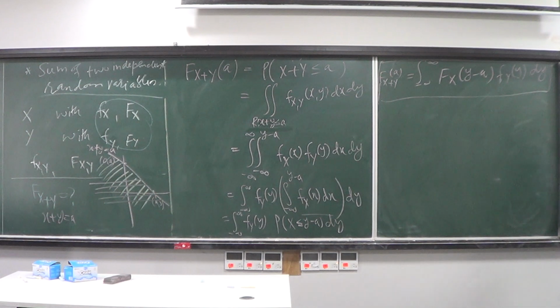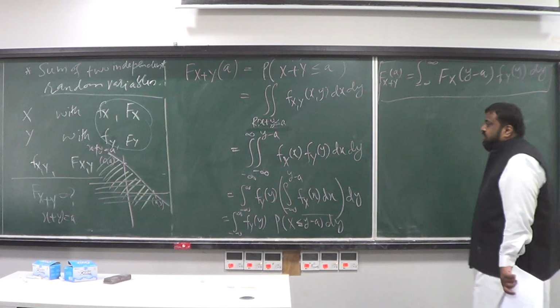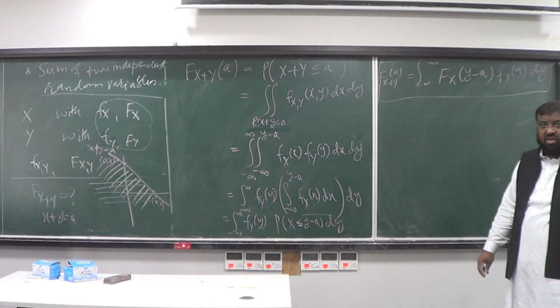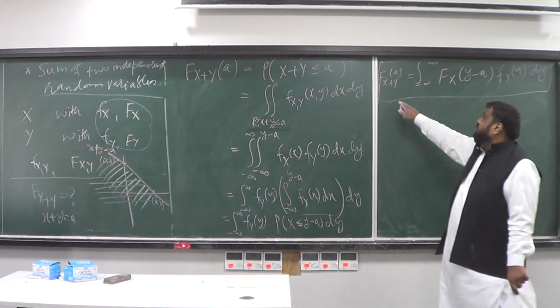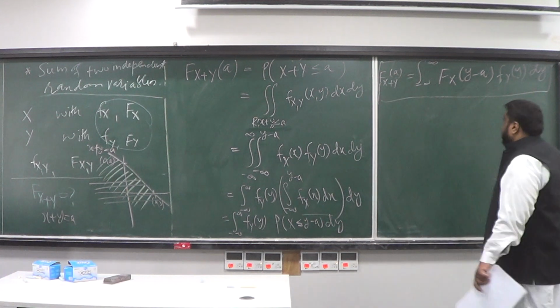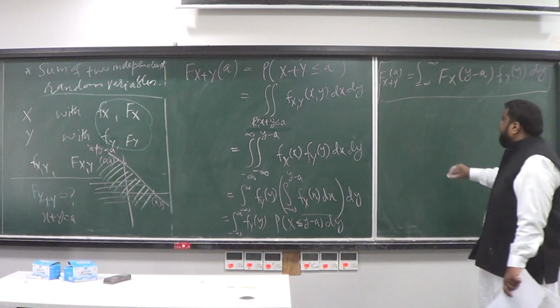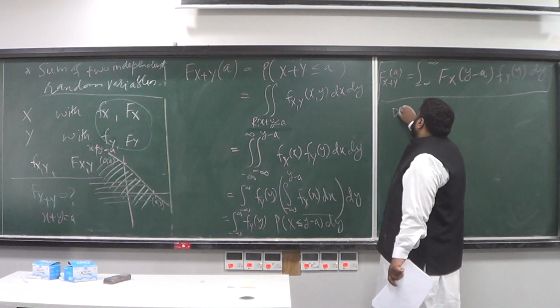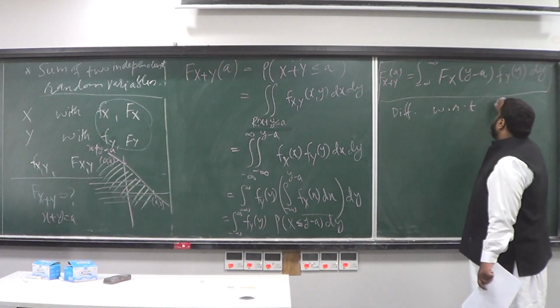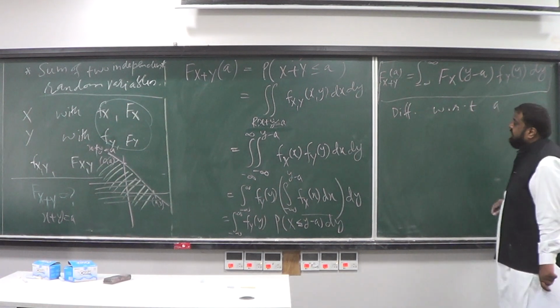Now, if you want to deduce the expression for the p.d.f from this c.d.f, how can you do it? In order to do it, you need to differentiate this with respect to, for example, a. So if you differentiate with respect to a, what are you going to get?